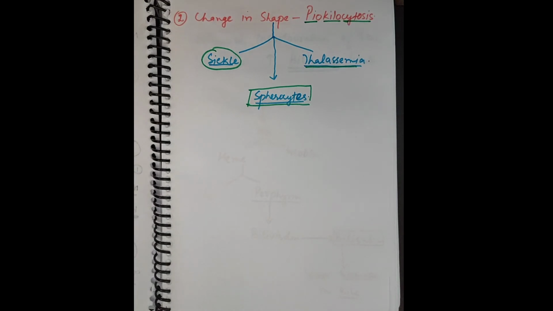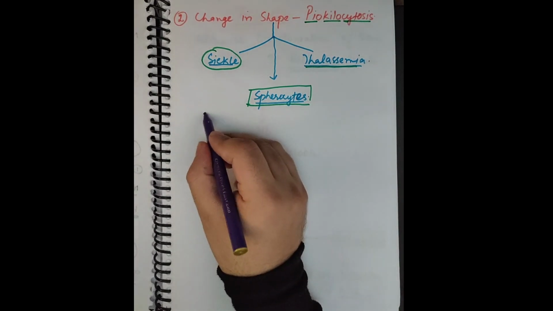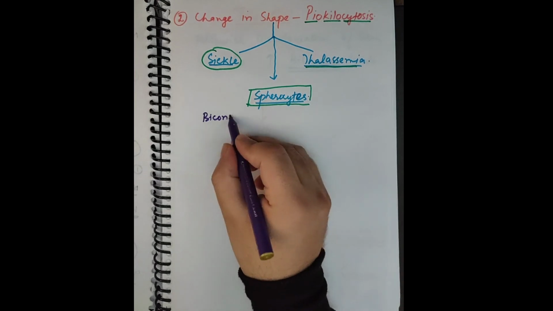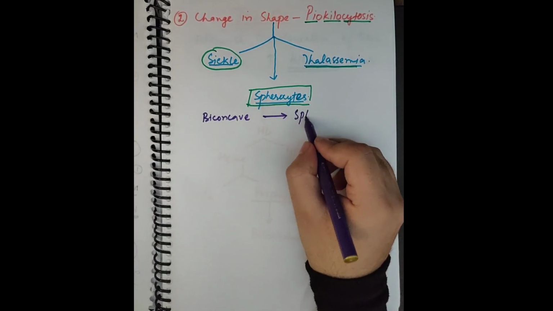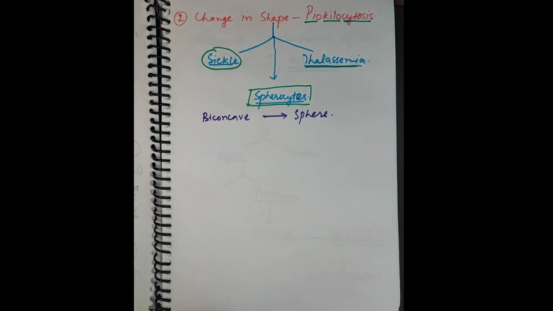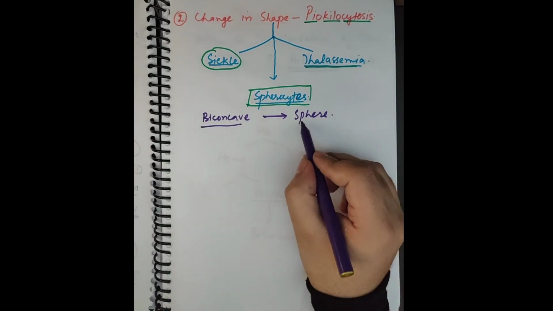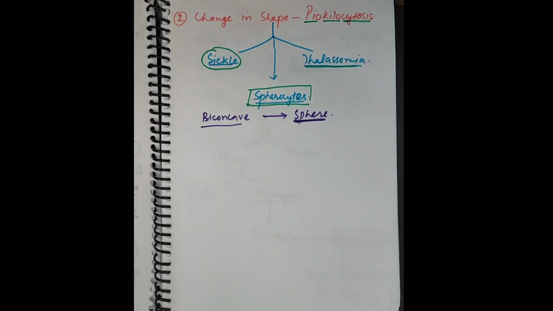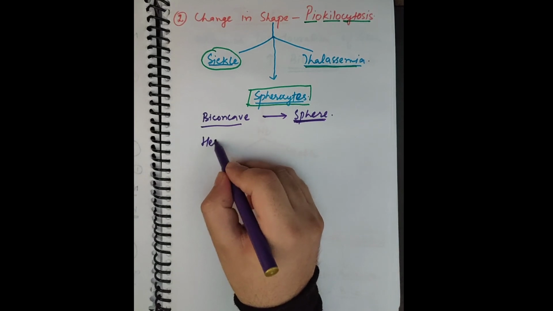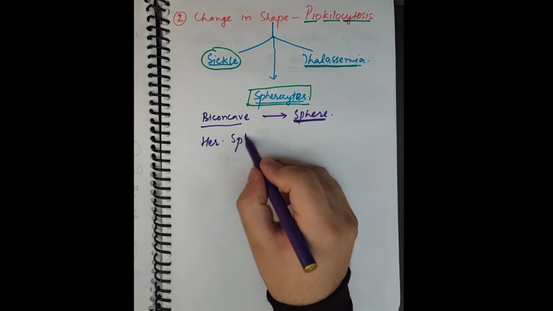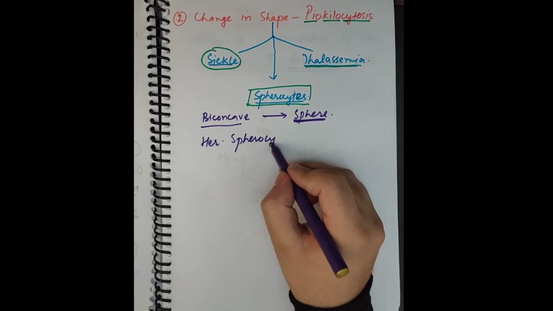Spherocytosis is a disorder in which the shape of RBC changes from the normal biconcave disc to a sphere. It happens in a genetic disorder known as hereditary spherocytosis.